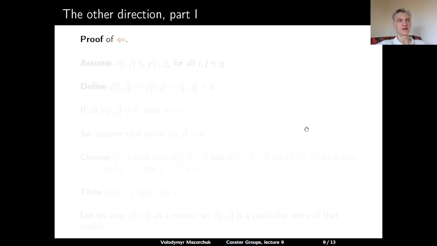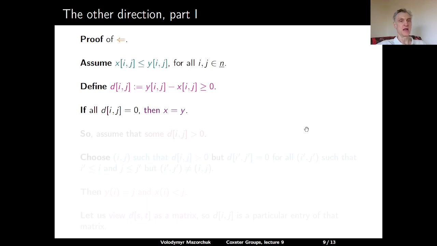Now we can prove the implication from right to left. So assume that x and y are two elements in Sn such that x_{i,j} is less than or equal to y_{i,j} for all i and j. Let us define d_{i,j} as the difference between y and x at i, j. That's a non-negative integer.